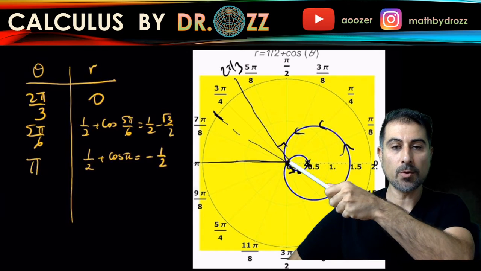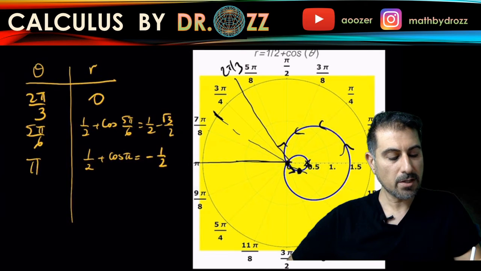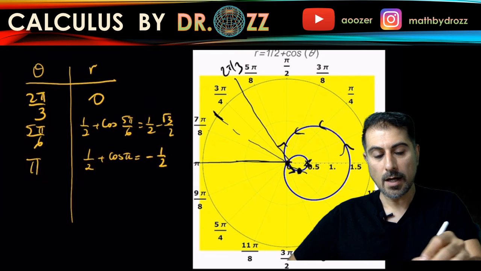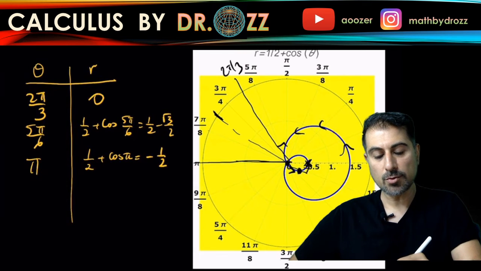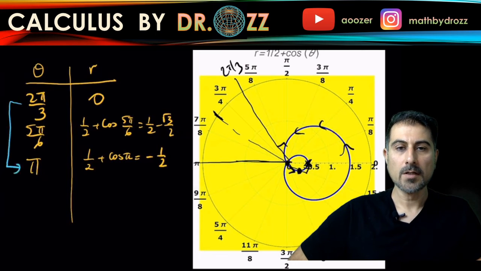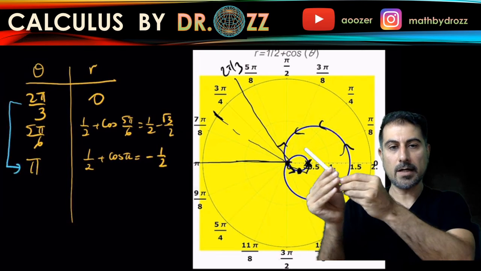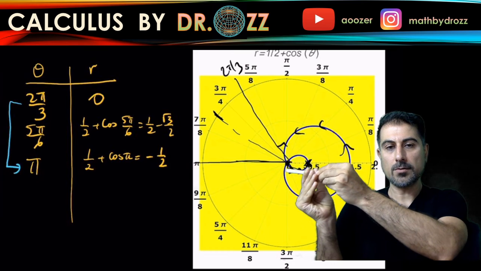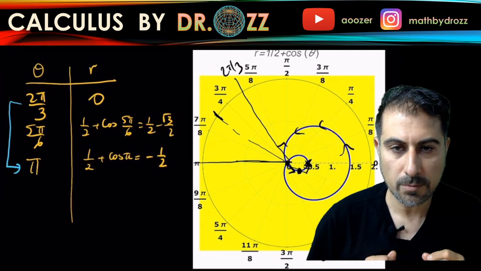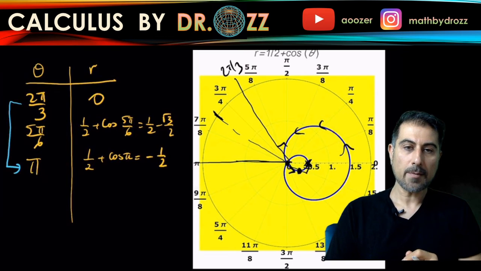So that means I'm going in this direction. There we go. I covered this point. So if I change theta, starting from, let's say, 2 pi over 3 to pi, okay, so going all the way here to here, all the way from theta equals 2 pi over 3 all the way to pi. So I am in the inner loop.